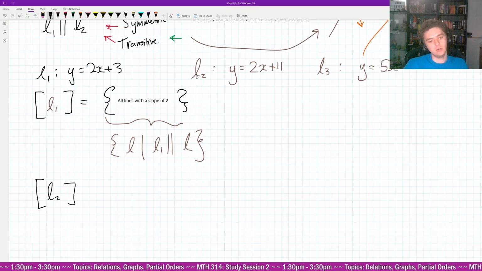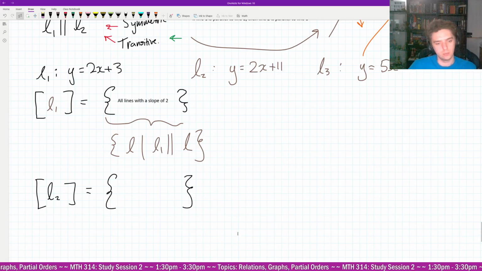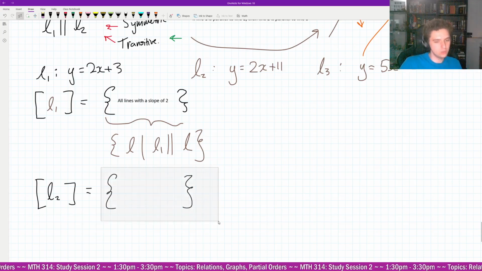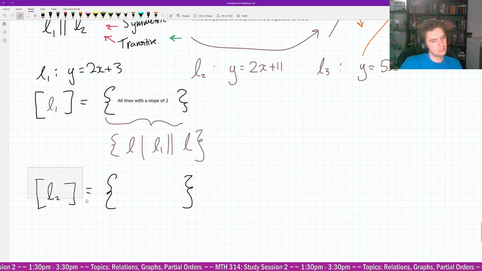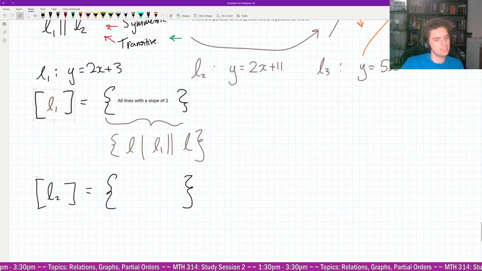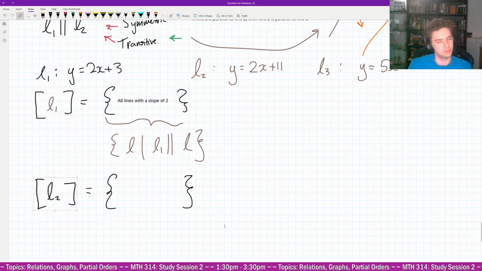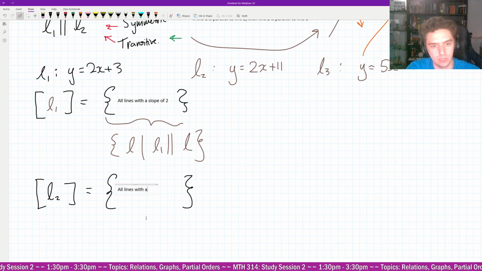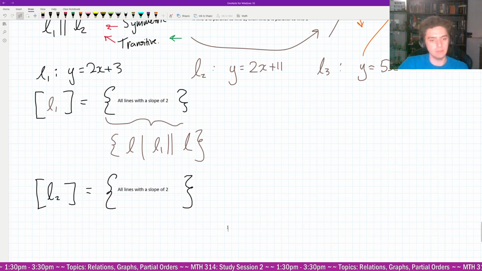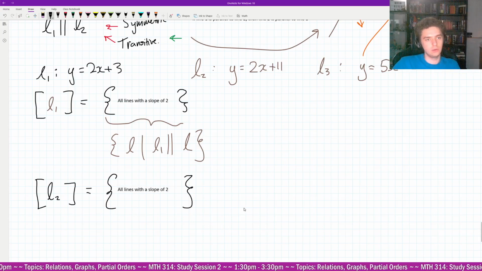And if I were to make the equivalence class for line 2, well, let me ask you guys: would this equivalence class be the same or different than the equivalence class of line 1? What do you think? Yeah, they're the same, right? Because line 2 has a slope of 2, and so it's parallel to all lines with a slope of 2. It's the exact same definition on both of them.